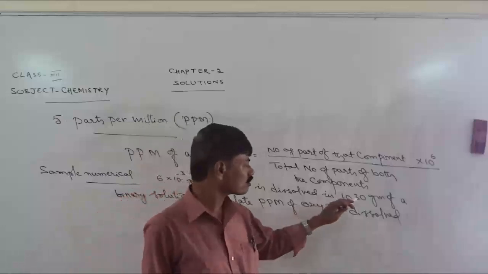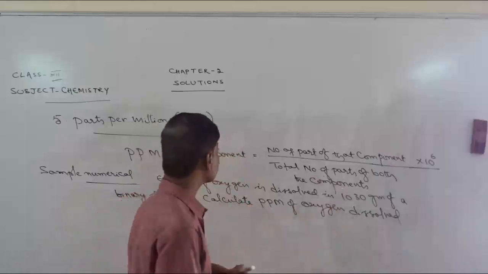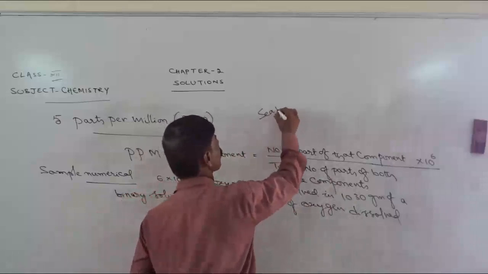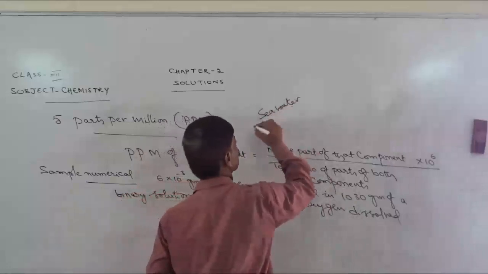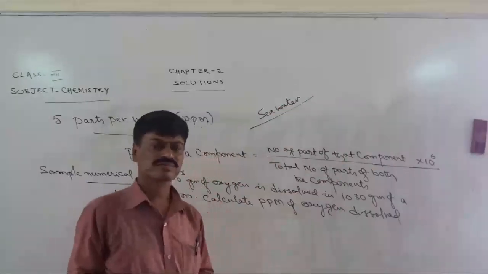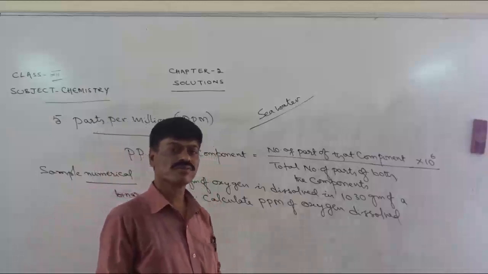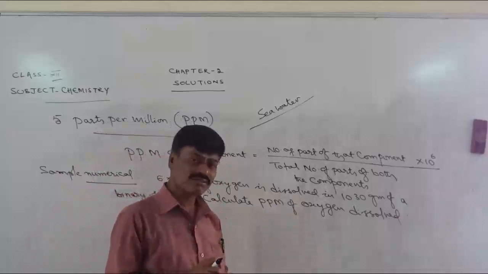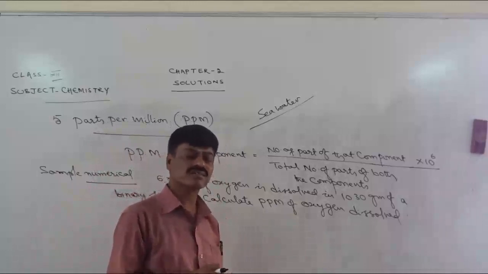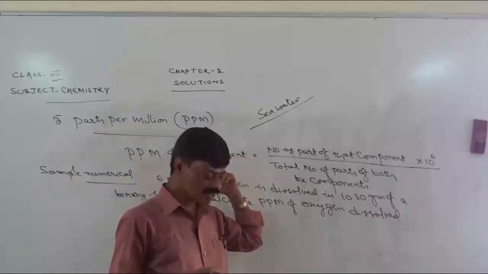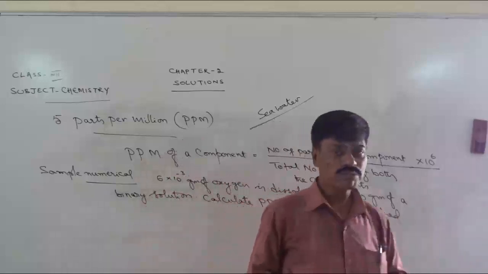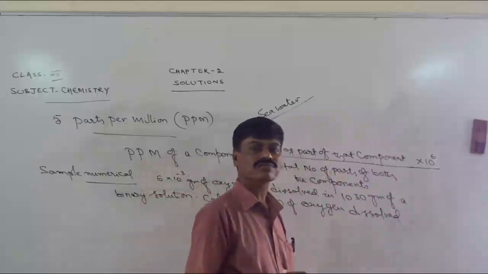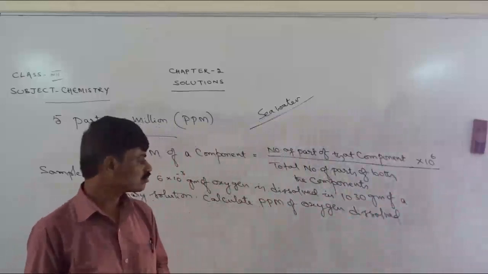The reason I wrote 1030 grams here is that seawater contains a huge amount of salts, that's why it is unfit for our consumption. Hence, it is called unpotable water. Potable means one which is fit for our consumption.